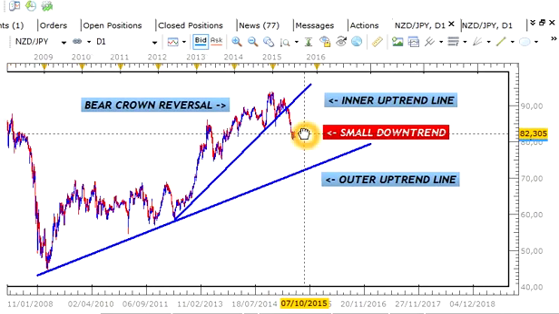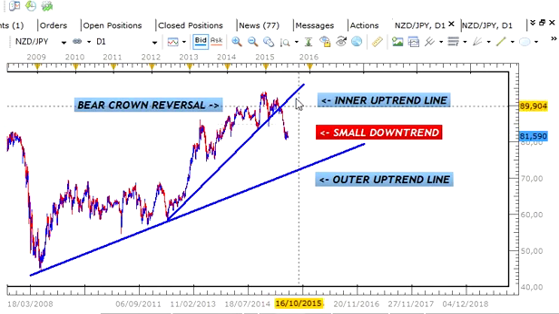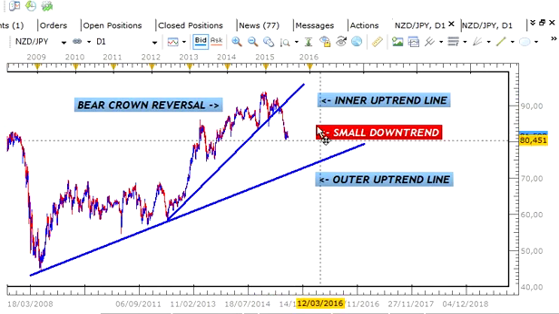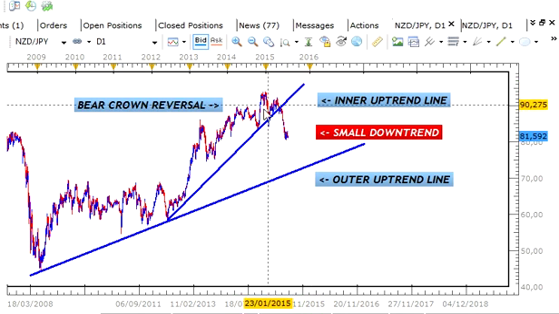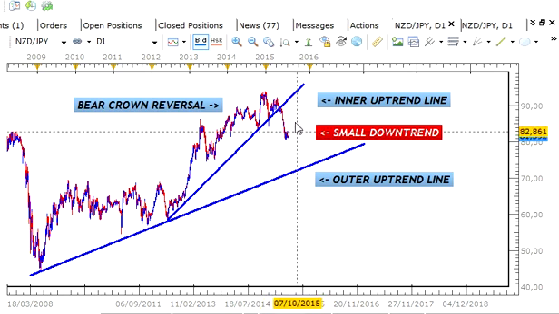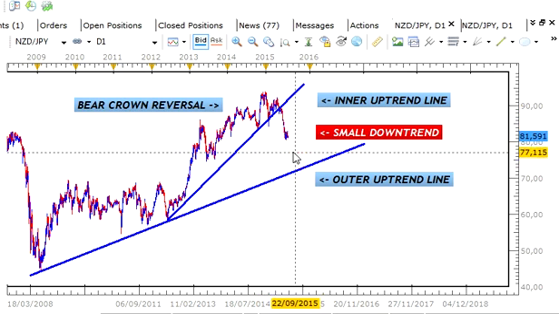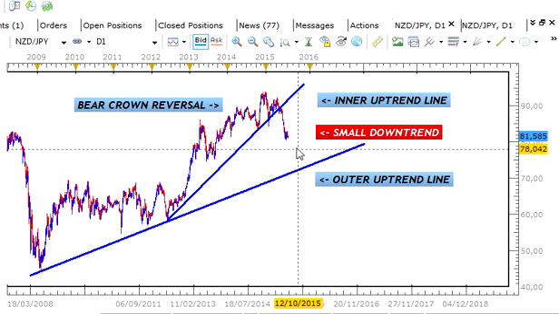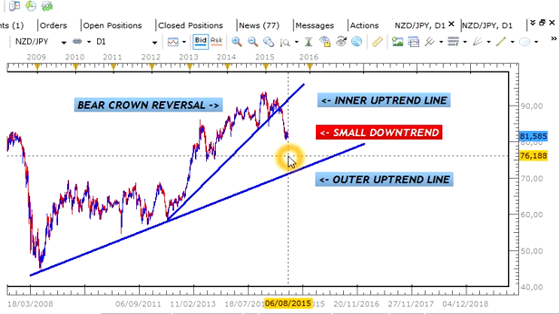Now, generally speaking, whether we're talking about movements on the daily chart, 4-hour chart, or 30-minute chart, whenever we have a break of an inner trend line, the movement normally carries us towards the outer trend line.